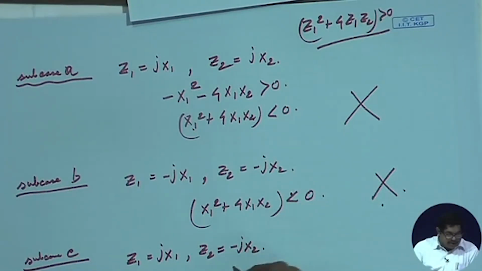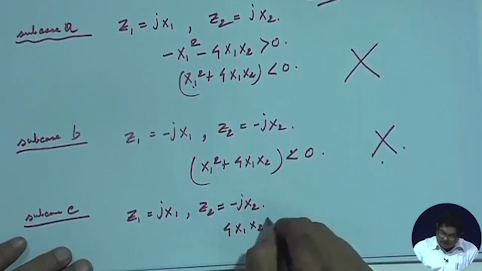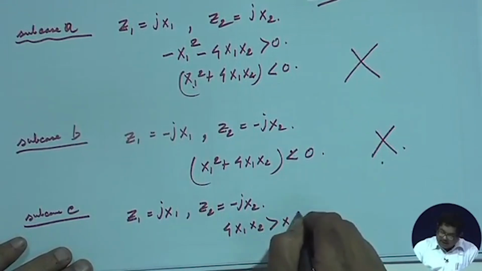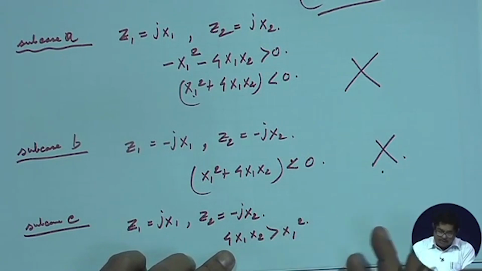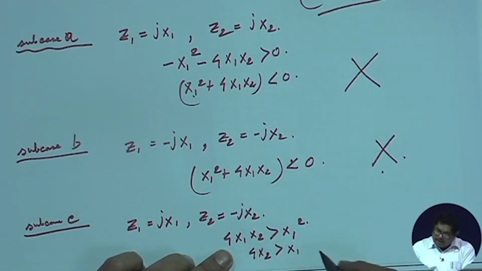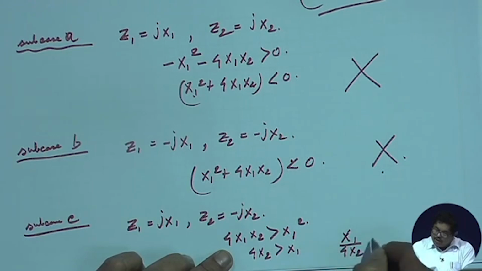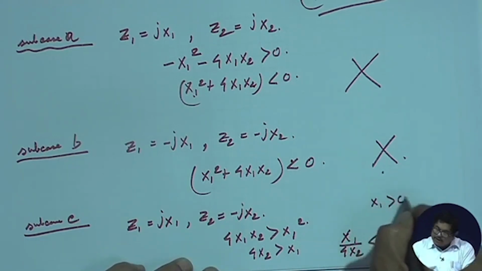So we are doing this, and getting 4x1 x2 greater than x1 square. Now, as x1 is greater than 0, 4x2 will be greater than x1, or x1 by 4x2 is less than 1. Also, x1 is greater than 0.